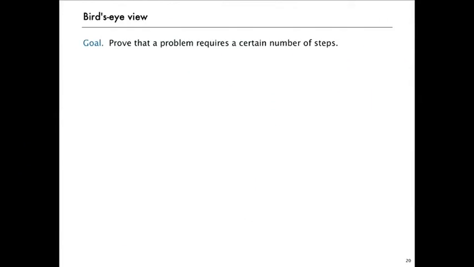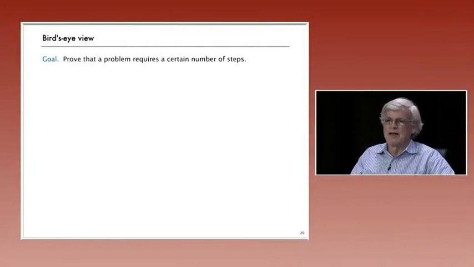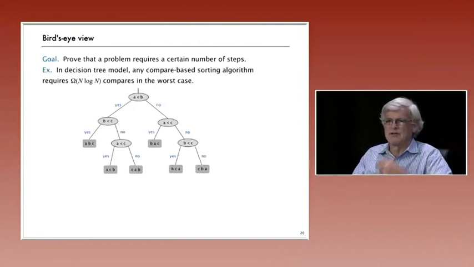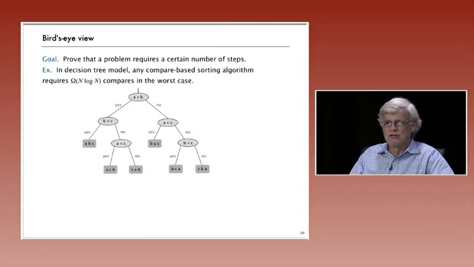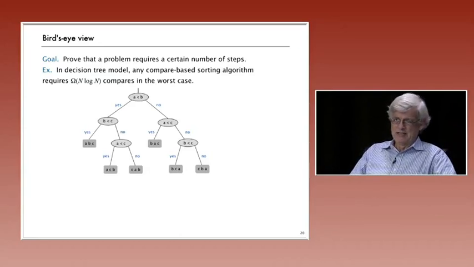What we want to do is come up with a proof that a problem requires a certain number of computational steps. We had an example of that for sorting. We showed that in the decision tree model, any compare-based sorting algorithm has to use at least n log n compares in the worst case.